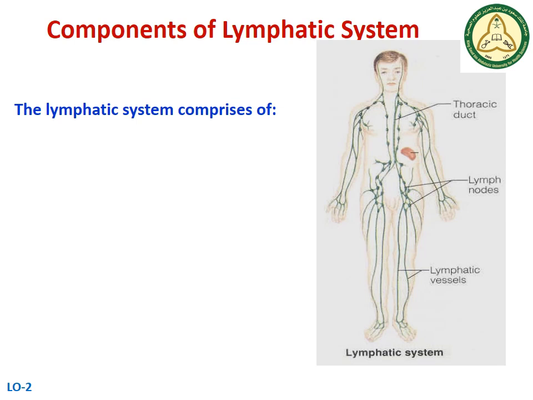And there is another part of the lymphatic system that comprises only the lymphocytes, either in aggregation or present inside any tissue, or forming an organ, the lymphoid organs, like thymus and spleen. So we have two things.